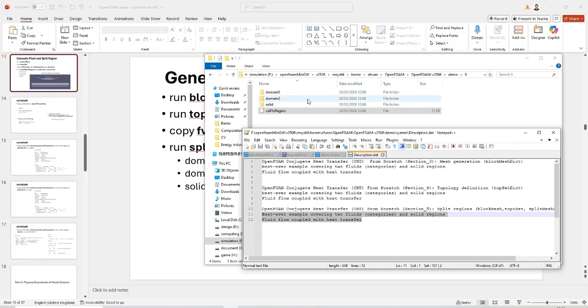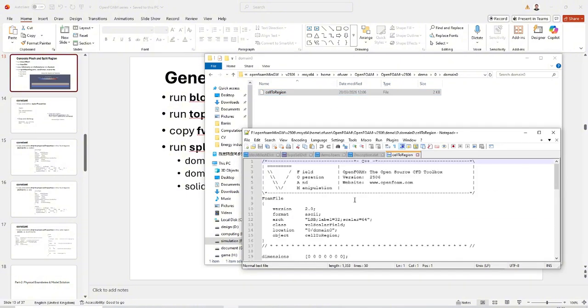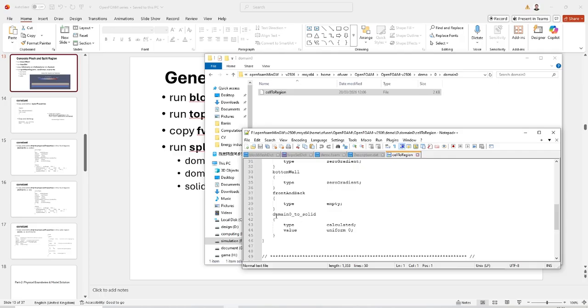When you go to each specific folder, you will see the cell-to-region is defined. Depending on which region it belongs to, it has the boundary conditions that have been inherited from the previous block mesh, and also the interfaces between the domains.